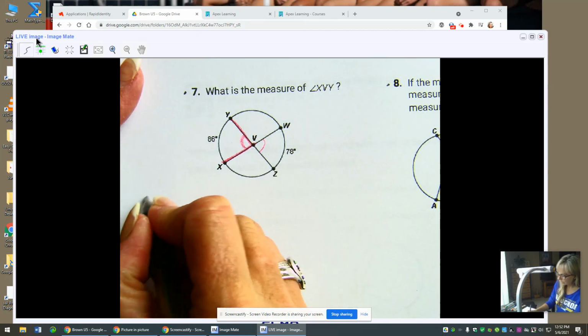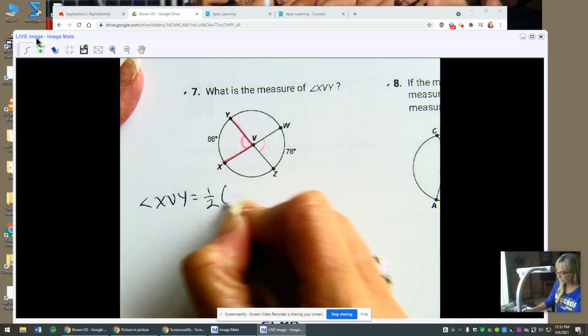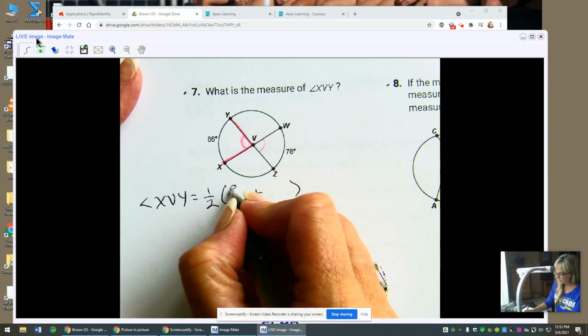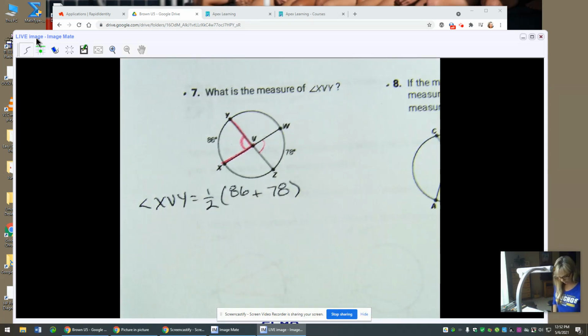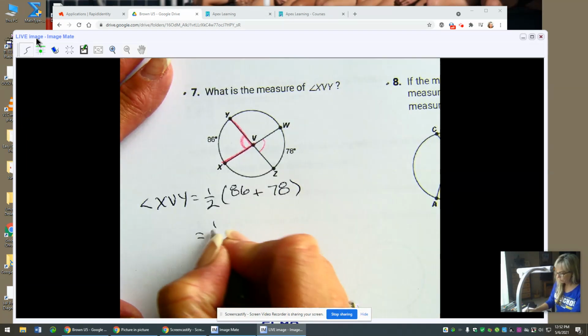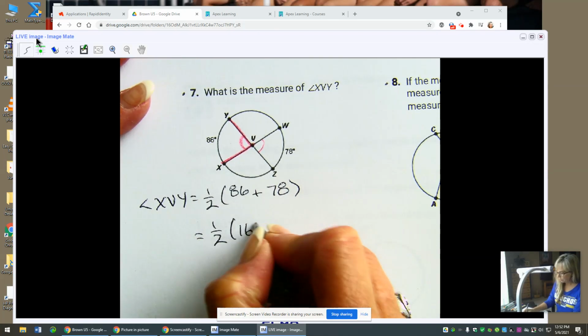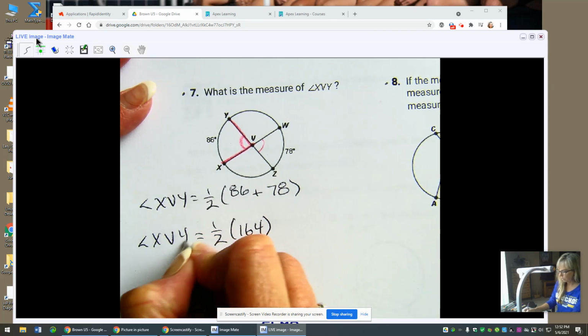So to find angle XVY, we take half the sum of the arcs. The arcs are 86 and 78. When we add those up, we're going to get 164.